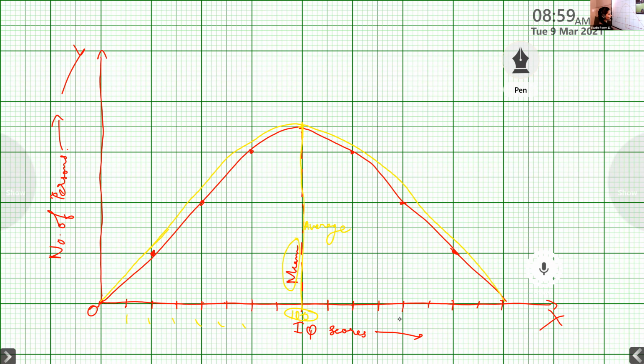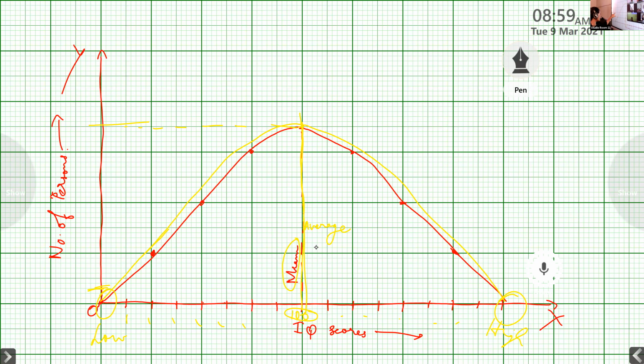So the people on the two ends, with very low intelligence and very high intelligence, will be very few. Here the height is very short. Most people are here on the average.